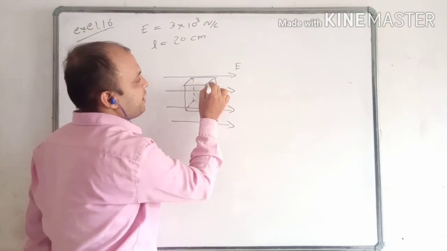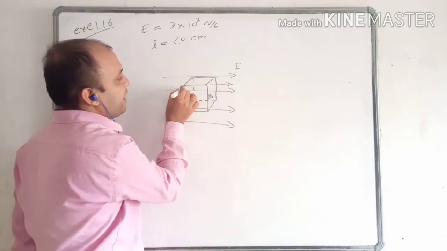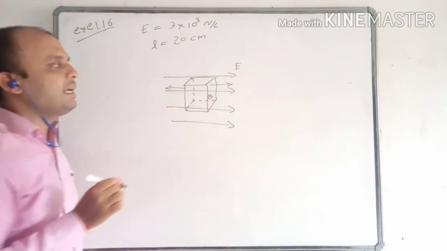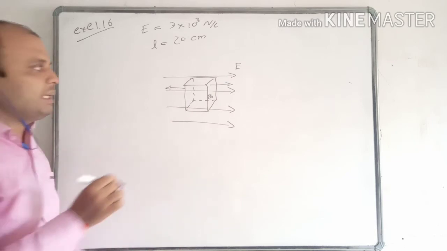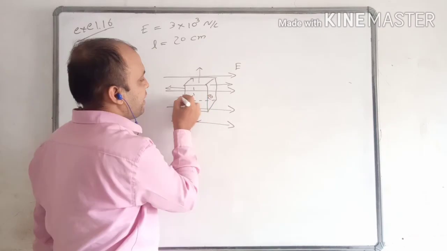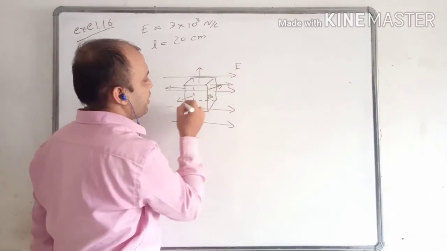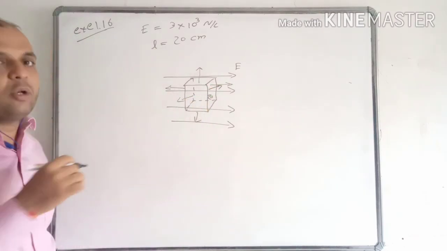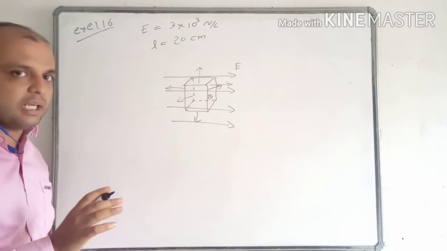In this direction and opposite to it, we obtain electric flux, but for the upper side and the backward side we will not find any electric flux.